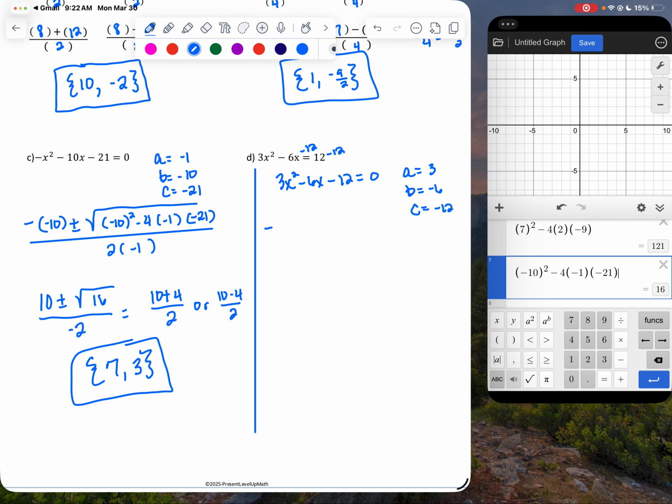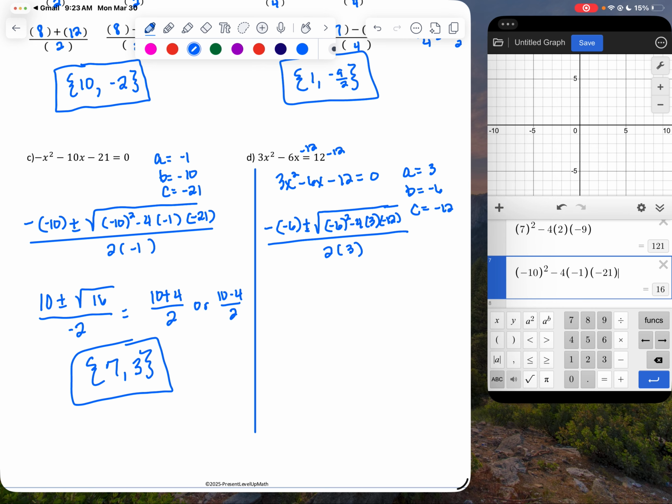Then I used my formula: opposite of b, which should be -6, plus or minus the square root of b squared, so parenthesis -6 parenthesis squared, minus 4 times a times c, -12, all over 2 times a, which in this case is 3. All right, so that's your setup.